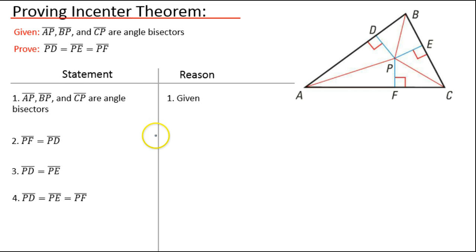So let's look at the first one. Again, we can just write our given information. I like to draw onto my pictures itself, so we know that this angle is congruent to this angle, this angle is congruent to this angle, and this angle is congruent to this angle, because those are all bisectors.